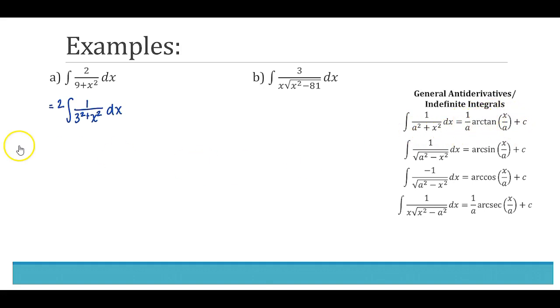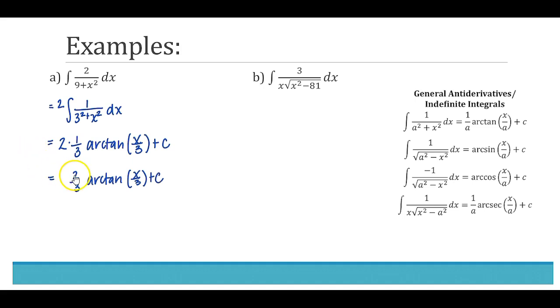So I can go straight to my answer, which is going to be that 2 in the front times 1 over a being 3, and then arctangent of x over 3 plus c. So here I can make this 2/3 arctangent of x over 3 plus my constant. And we could also have chosen to write tangent inverse as opposed to arctangent.